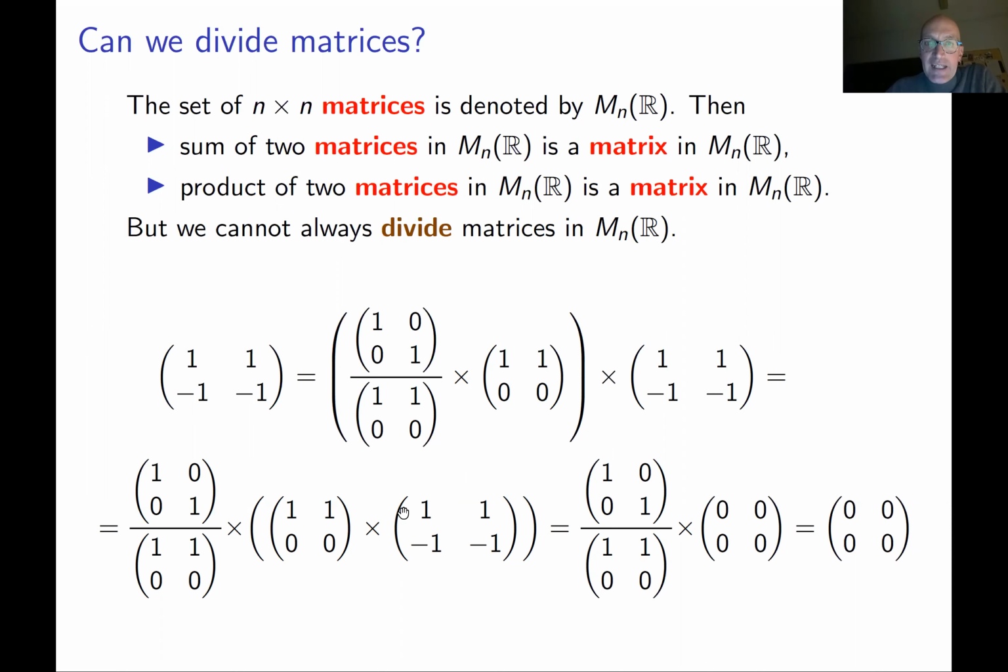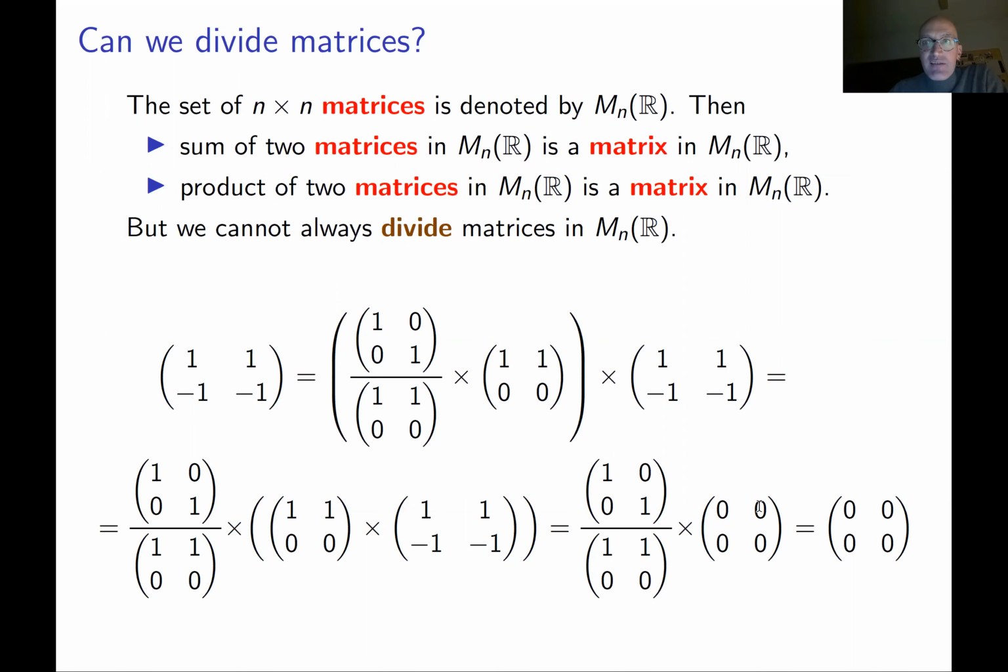This is a good exercise. 1 times 1 minus 1 times 1 gets 0, 1 times 1 plus 1 times minus 1 is 0, and here you get zeros, 0. But it's easy to see from elementary properties of multiplication, from the rule of how we multiply matrices, that the 0 matrix times any matrix is 0.